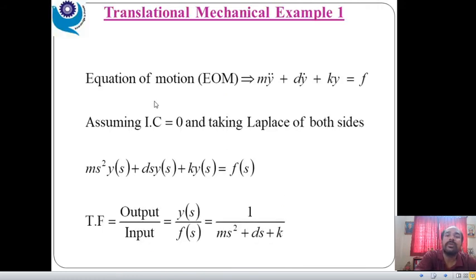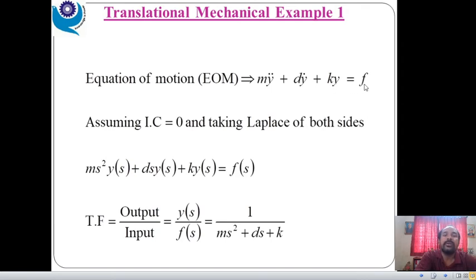Now we go for the equation of motion: m double derivative plus d single derivative plus k y with no derivative is equal to f.